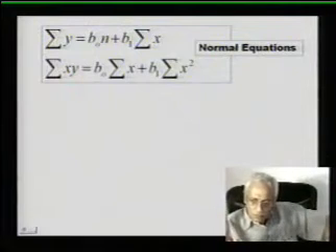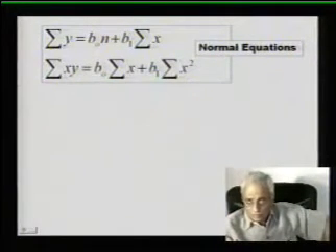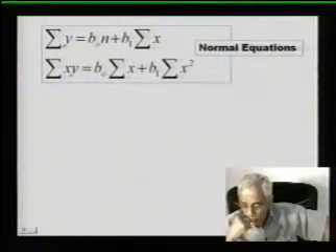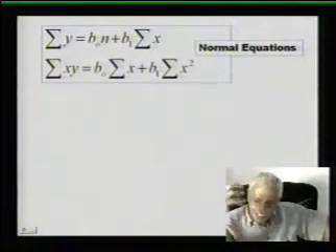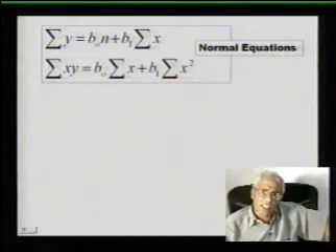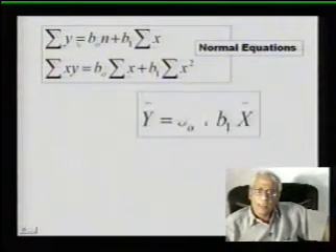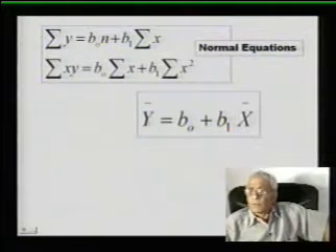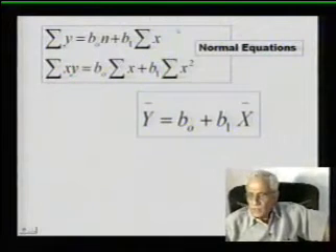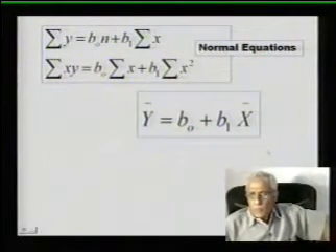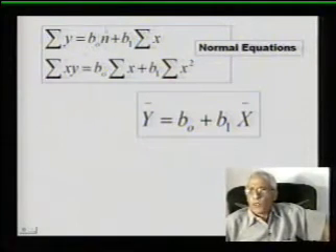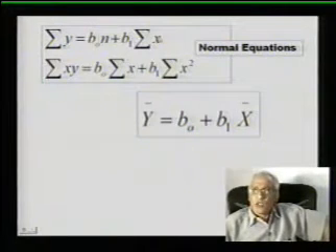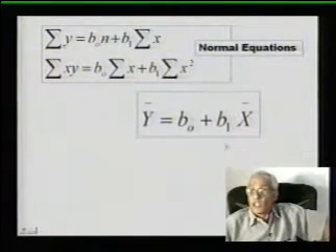Note the division of both sides of the first normal equation by the sample size, or by the number of observations. Let's divide the first equation here by the sample size. Sigma y over n will give us the y bar, the average of y. And sigma x over n will give us the average of x's. B0 times n divided by n will give us B0, and B1 times sigma x divided by n will give us B1 times x bar.